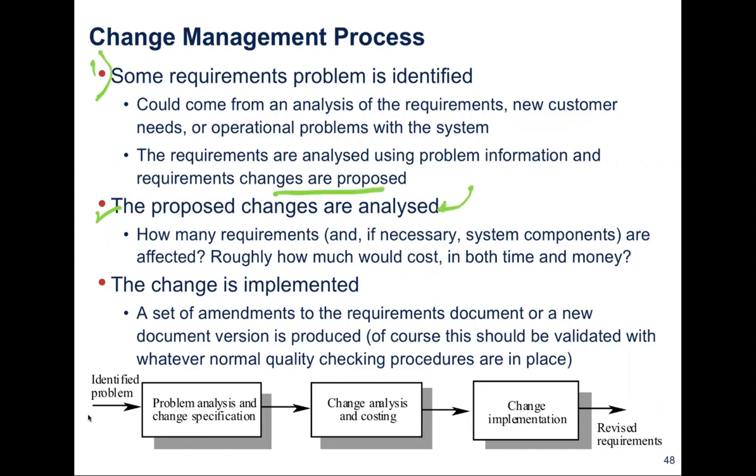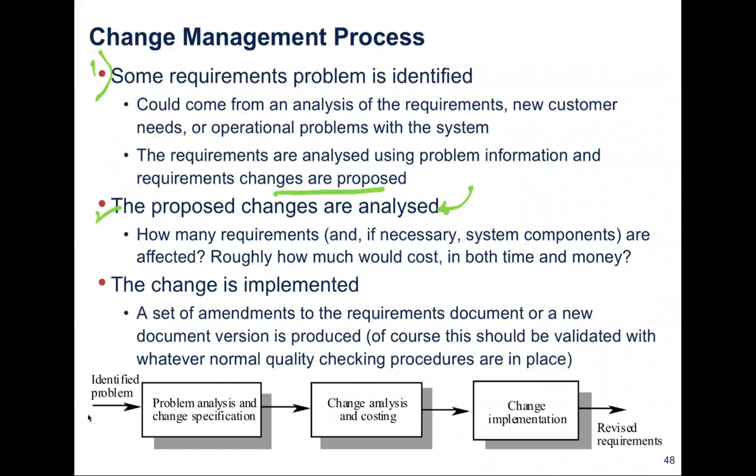And then you analyze such changes. When you analyze the proposed changes, you are looking to answer questions such as how many requirements are affected by such a change. Later on, you need to come up with an answer to how much it would cost in both time and money if such a change is verified or accepted.